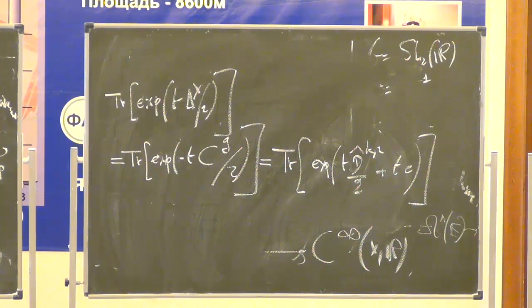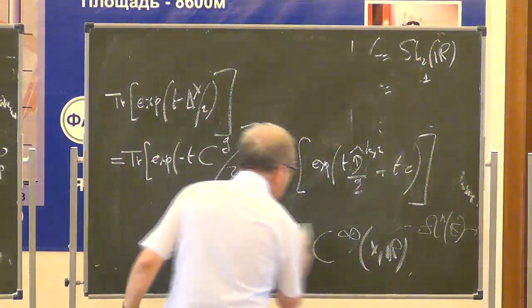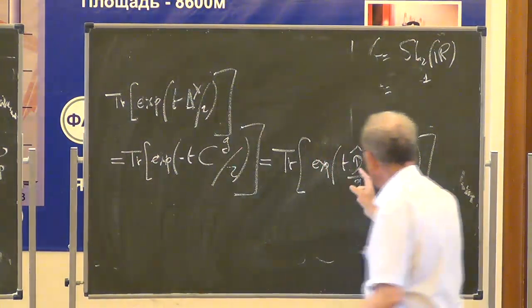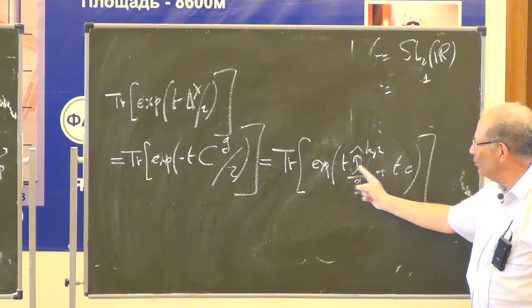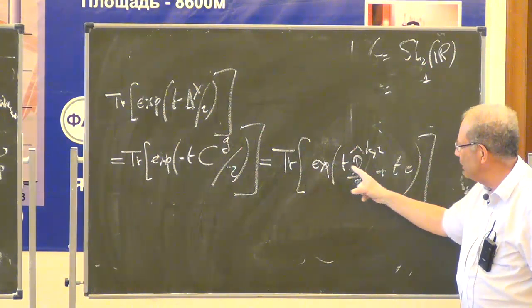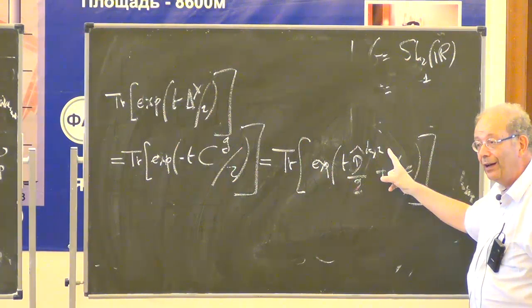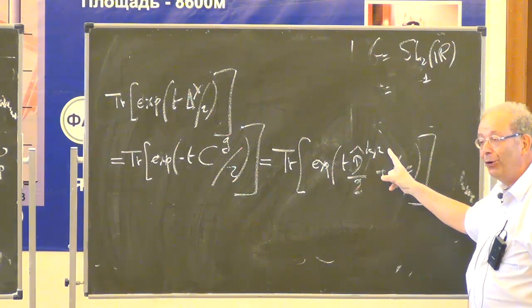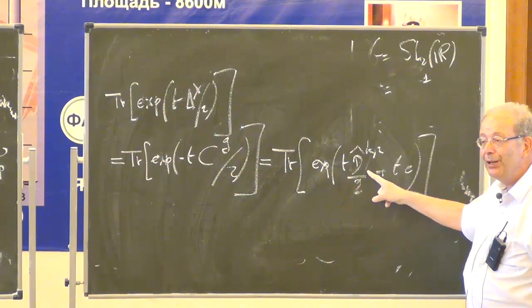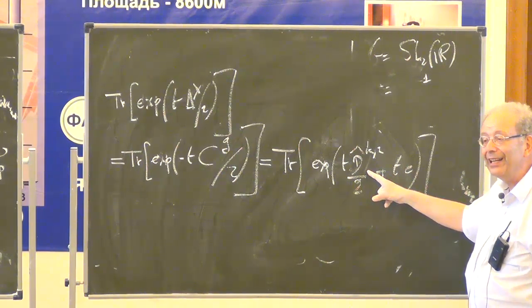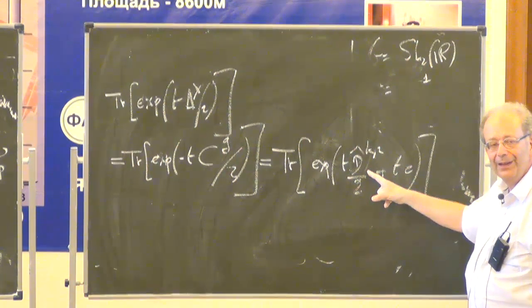Maybe it's minus, it doesn't matter, the sign of the constant. And so what we discover, and I discovered this with amazement, is that we find again the trace of the exponential of something squared, which is exactly what I had before in index theory. I'm now suddenly, without having done anything, in exactly the same formalism.